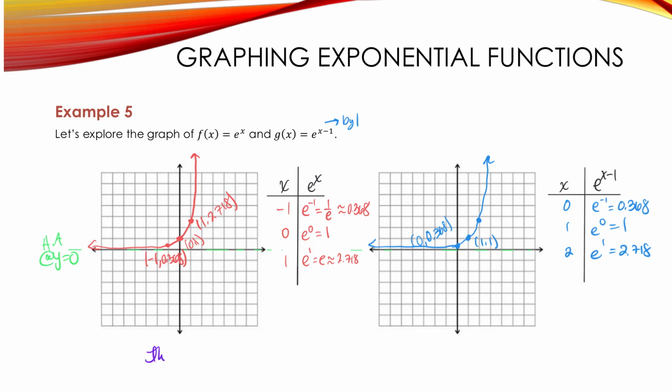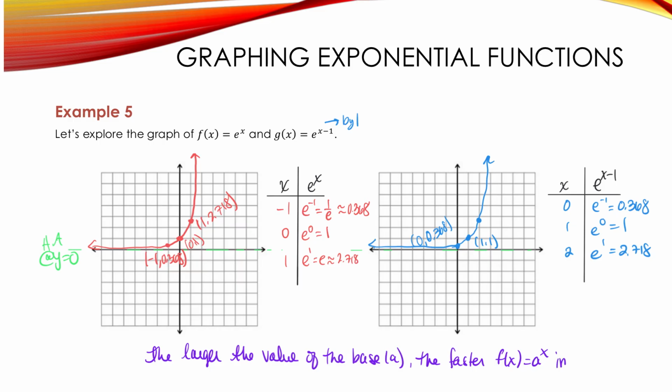So what we notice is the larger the value of the base, which is a, the faster f of x equals a to the x increases. So the higher the base, the faster it increases.